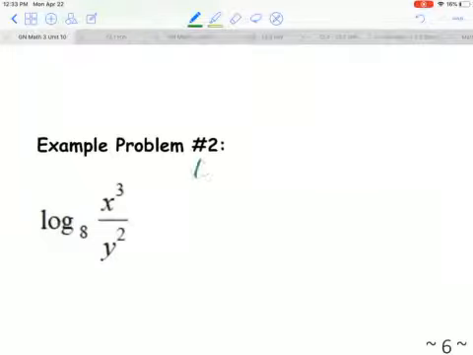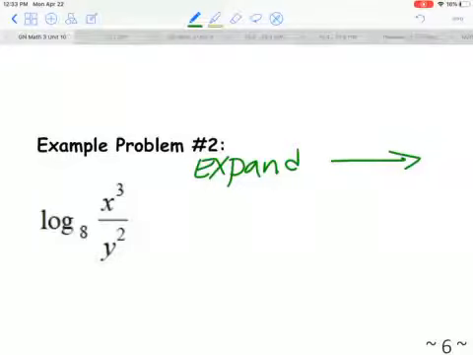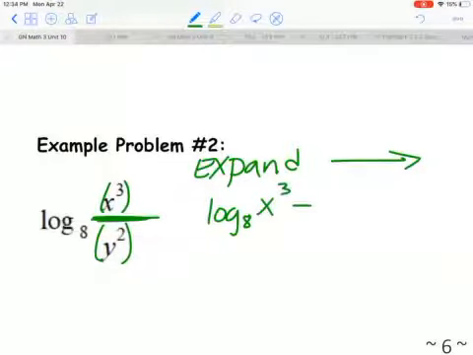When we have these ones, I forgot to write, this is expanding. So look at the left side and you're moving to the right. The first thing here is I look, okay, between those two parentheses there's a division, which means I want to make this become subtracting. Keep the base on both those logs.